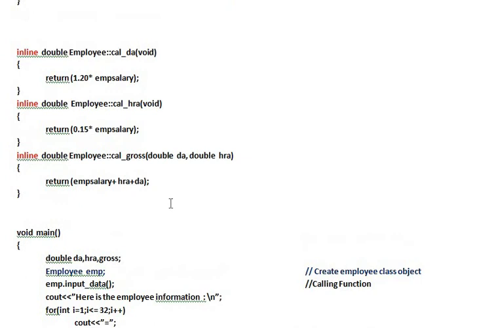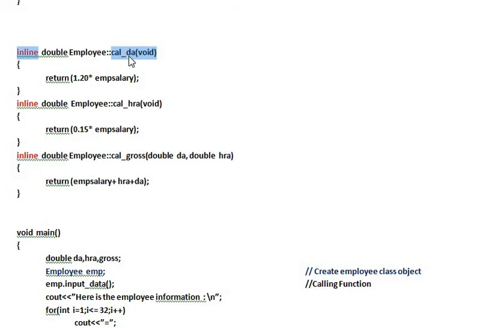Now another thing to be noted is that explicitly using the keyword inline is not a guarantee that the member function will be treated as inline. By specifying the keyword inline, we are just giving a request to the compiler to treat this member function cal_da as inline.